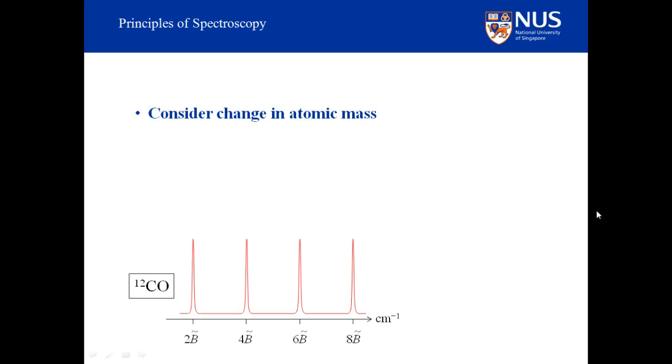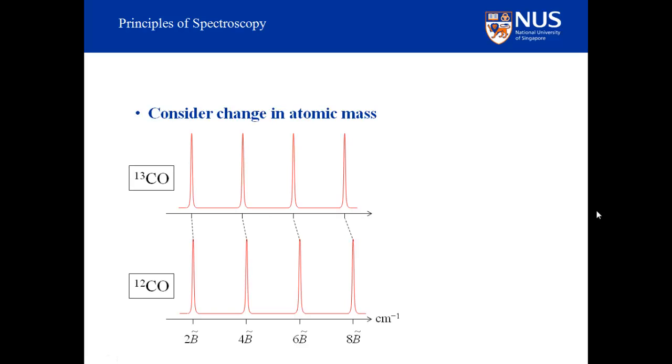So if this is the spectrum for my carbon-12 monoxide, my spectrum for carbon-13 monoxide will be different. In fact, the lines will be closer together. And the reason why is that the reduced mass for carbon-13 monoxide is larger. If the reduced mass goes up, the moment of inertia has increased.